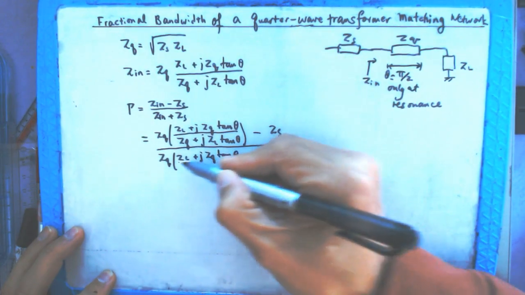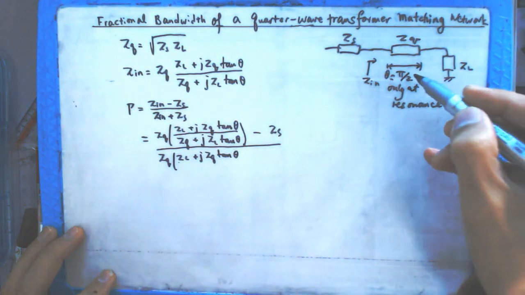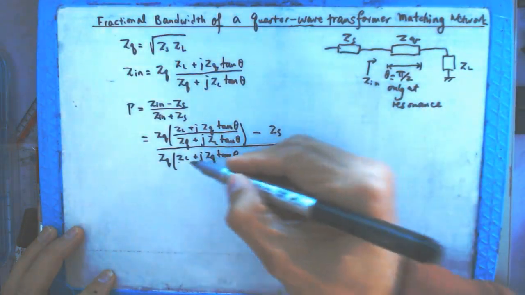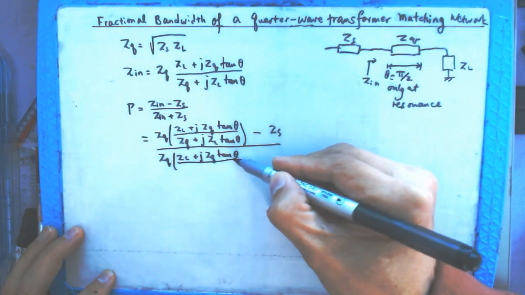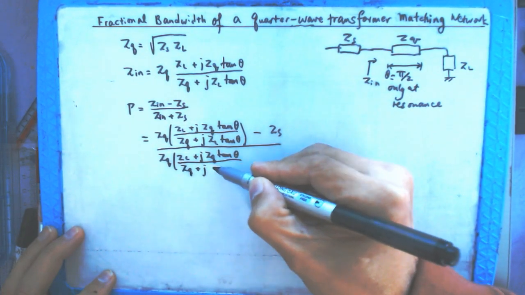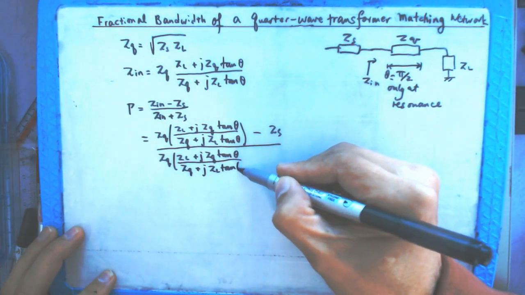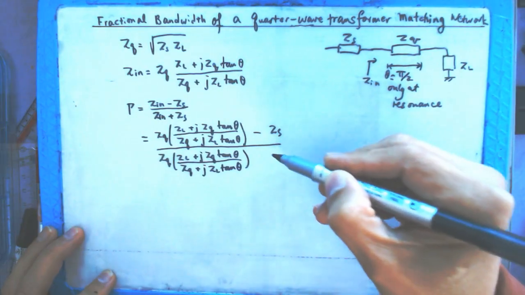And I'm not going to put theta as pi over 2 because this is not our purpose. Our purpose is to find out the fractional bandwidth.